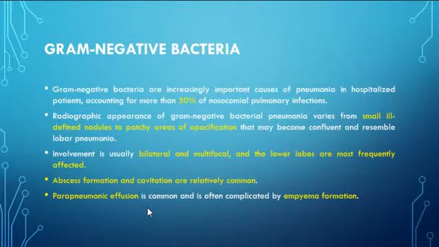Involvement is usually bilateral, multifocal, and the lower lobes are most frequently affected. In my mind, I say everything negative is down, so they will always most commonly involve the lower lobes. Abscess formation or cavitation are relatively common. Parapneumonic effusion is common and often complicated by empyema formation. This is in general.